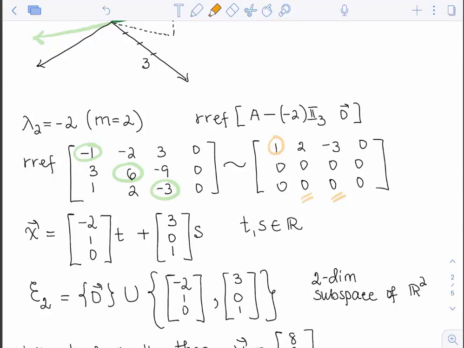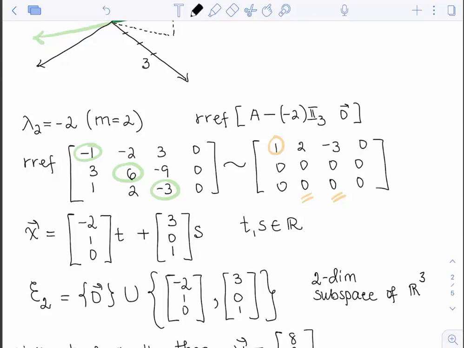And we have the span of these two vectors, -2, 1, 0 and 3, 0, 1. So what is this? This is a two-dimensional subspace of R3. This is a plane in R3, and we'll see which one it is.